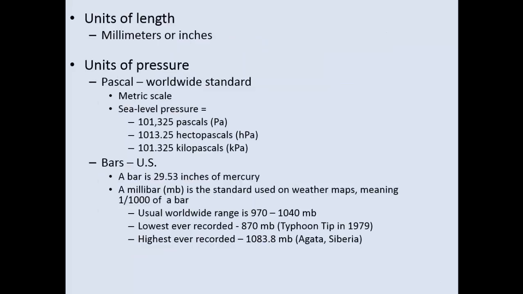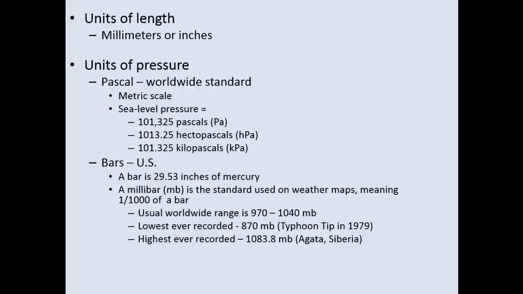All right, some of the units of measure that we use here. It gets a little complicated, but let me simplify it for you. If you go down into the metric scale, you can see that sea level pressure could be 101,325 pascals or 1,013.25 hectopascals. And that's the one you should remember, because hectopascals equal millibars.